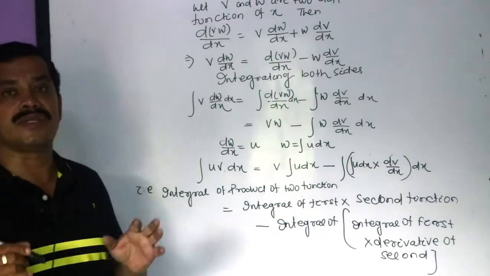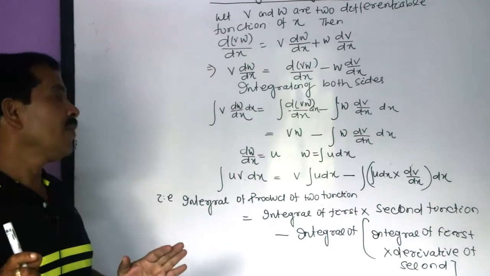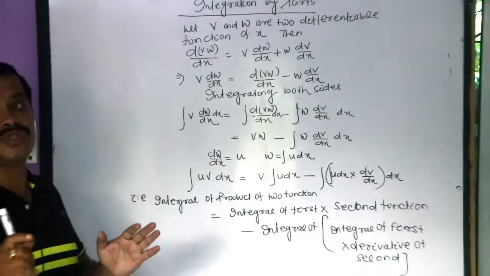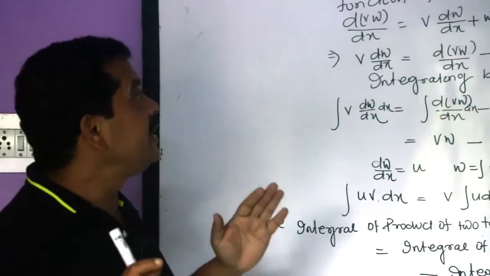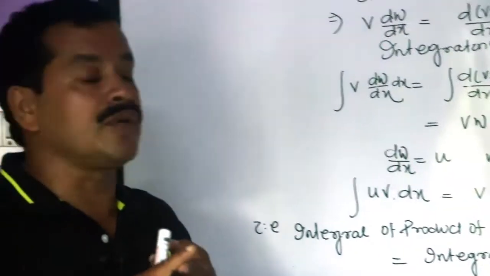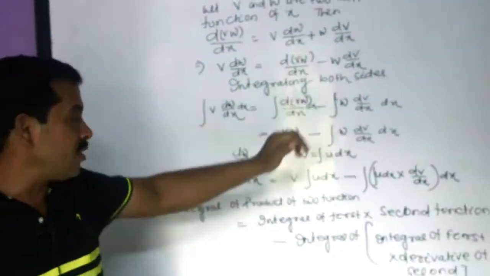When two functions are multiplied together and the method of substitution is not applied, then we apply integration by parts. We have to choose two functions, one as the first function and another as the second function. Which function will be first and which will be second we will discuss later on.